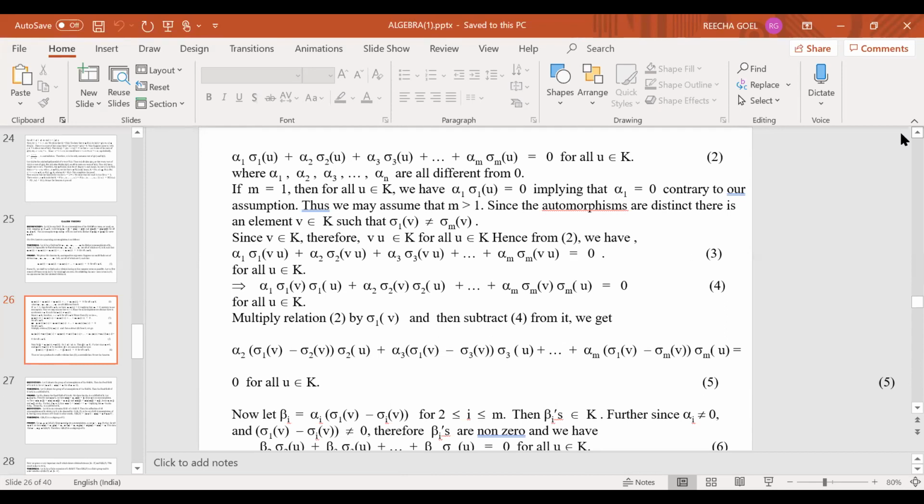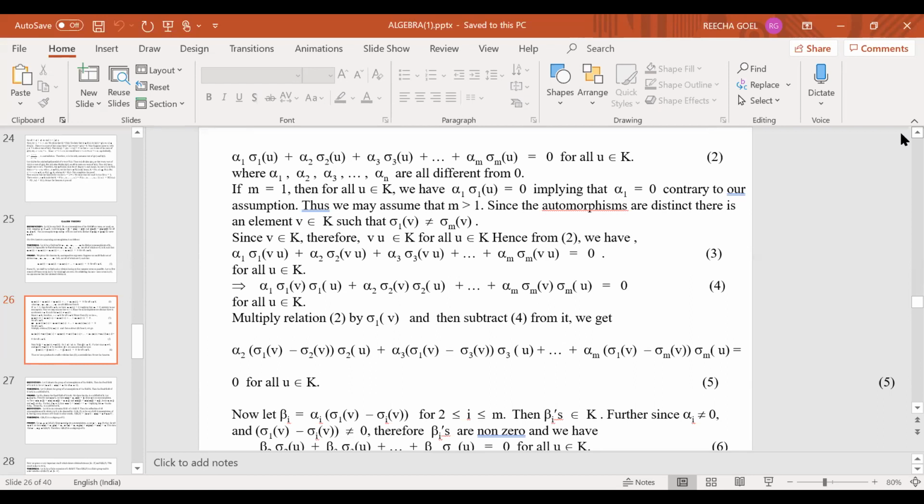Now just see, sigma 1 is different from all of sigma 2, sigma 3, sigma 4, so sigma 1 v minus sigma 2 v is non-zero, sigma 1 v minus sigma 3 v is also non-zero, and sigma 1 v minus sigma m v is also non-zero. Further, alpha 2, alpha 3, alpha 4, ..., alpha m are also non-zero.